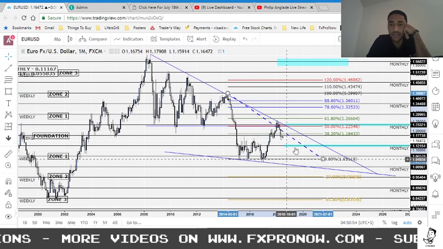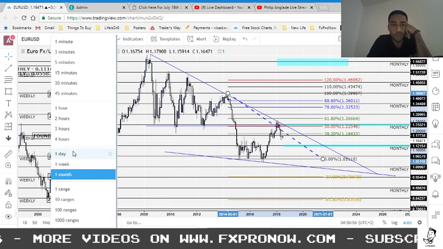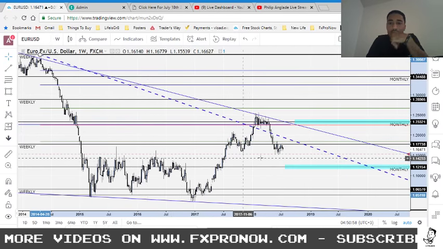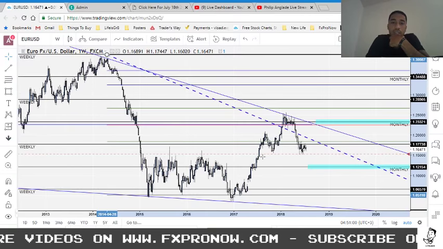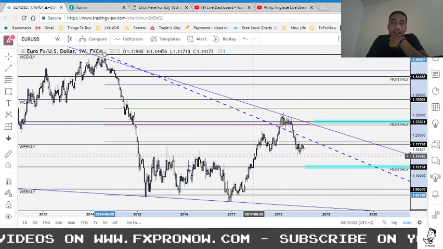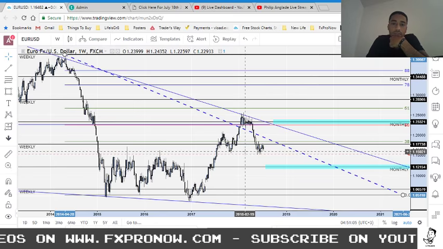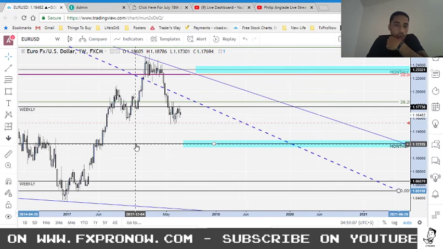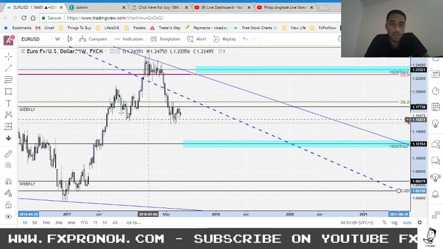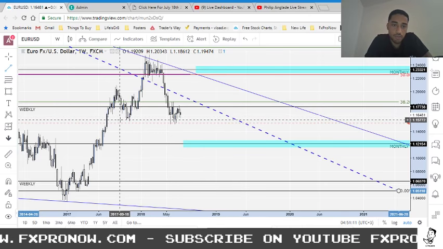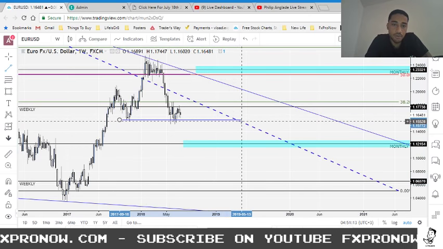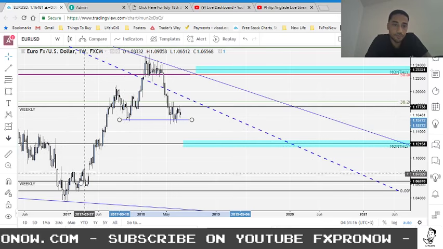So now that I have this over here, I can go down onto a lower time frame, like the weekly time frame, and I'll be able to see that the market right now is right at some level of support.